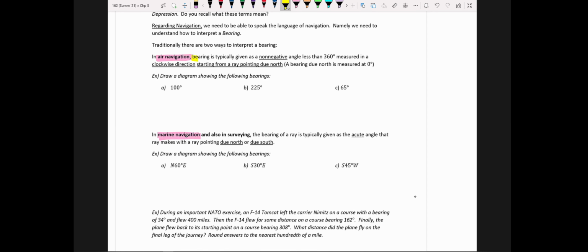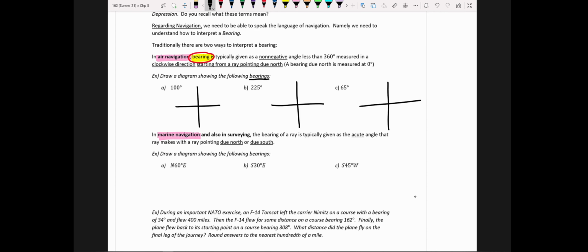Okay, so for air navigation, we have a key term here called bearing. In this problem, they asked us to find the bearing for the following angles. So let's draw in here in our grids. When we are putting the angles in standard position, we start at 3 o'clock.